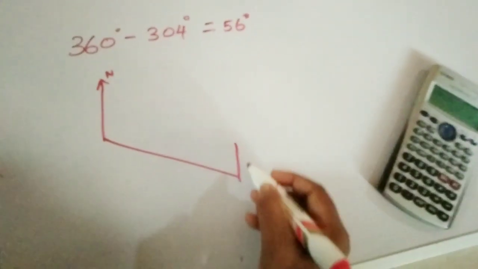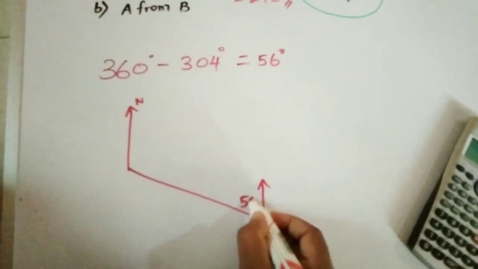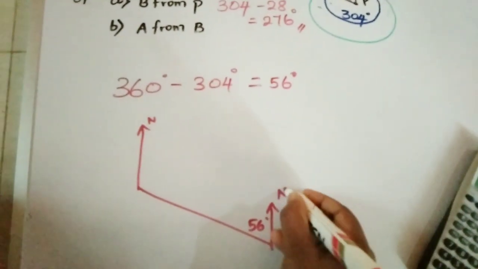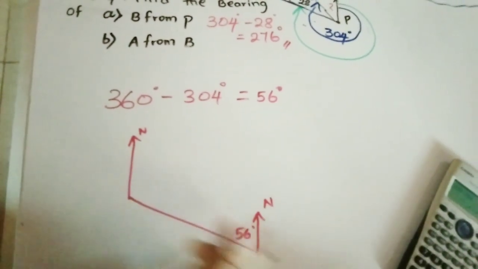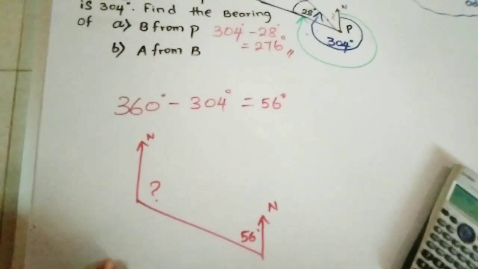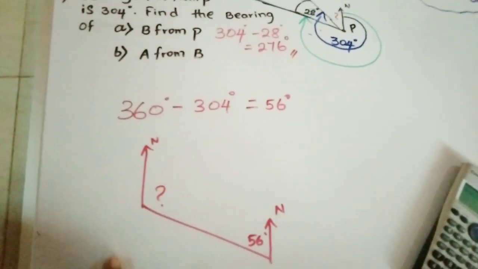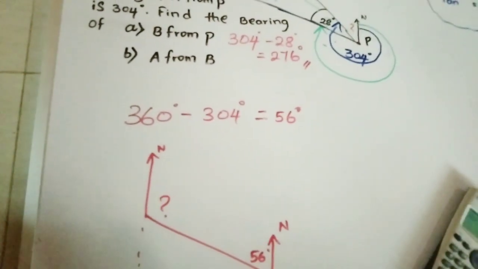Let's redraw the diagram here. Only that part. This angle here is 56. We are going to find this angle. How can we find this angle?